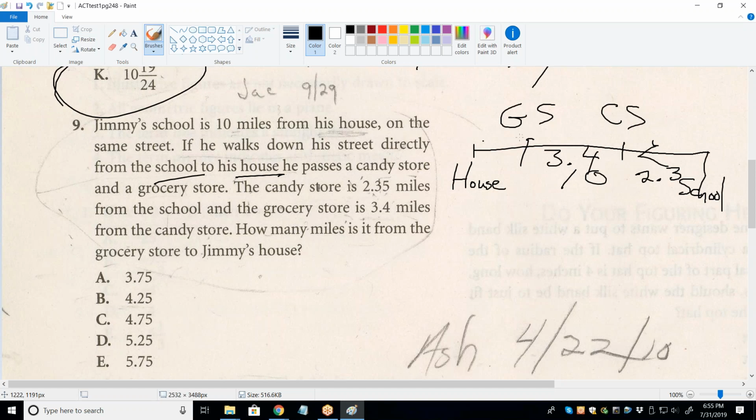In other words, this measurement right here. The whole thing is 10. Actually, it's 2.35. I left off a key digit there.